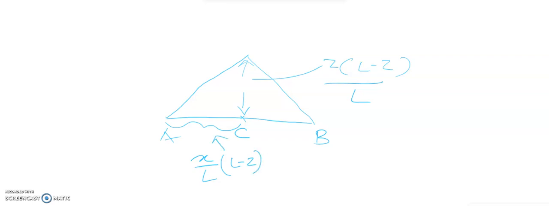And when you go for the CB region, you have it as z by L into L minus x. I am explaining this because it will be required in problems. Just understand this: in this region, x by L into L minus z, and in this region, z by L into L minus x.